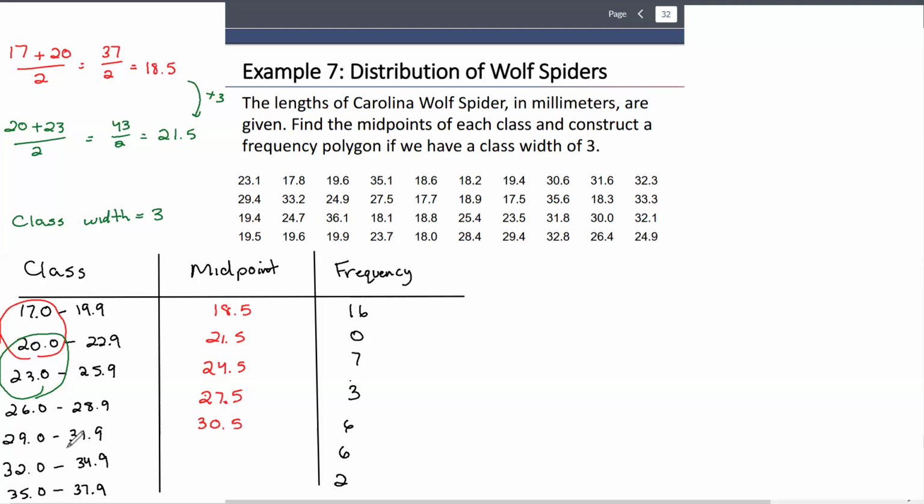If you average the 32 and 35, that's going to be a 33.5. And then the last one, so remember this ends at 37.9. So if you were still doing it this way, doing the averages, the next class would have started at 38. But this one would end up averaging out to a 36.5.